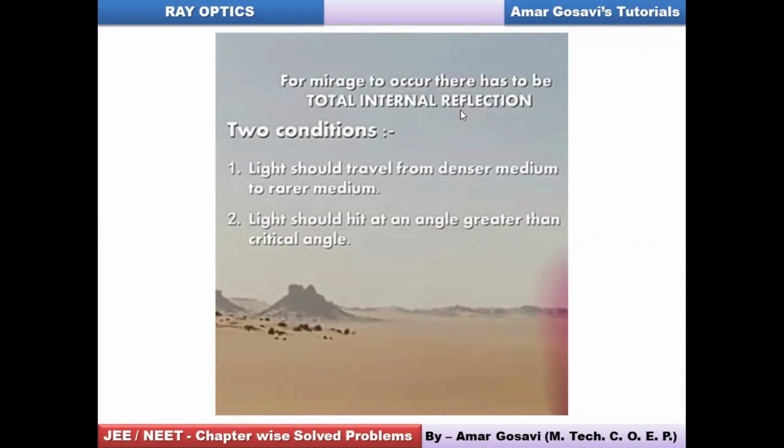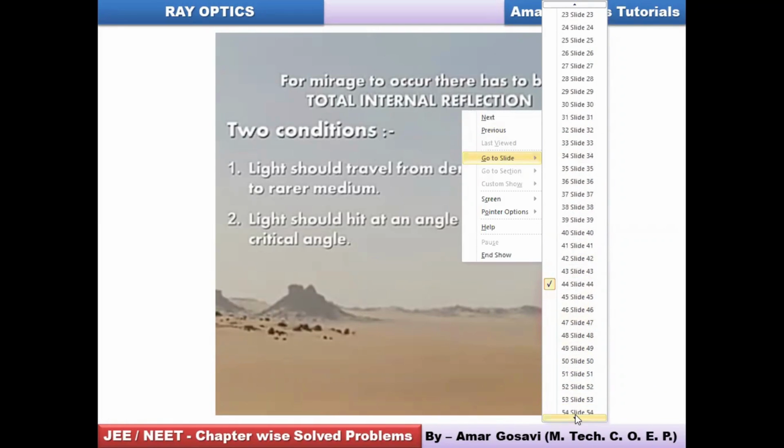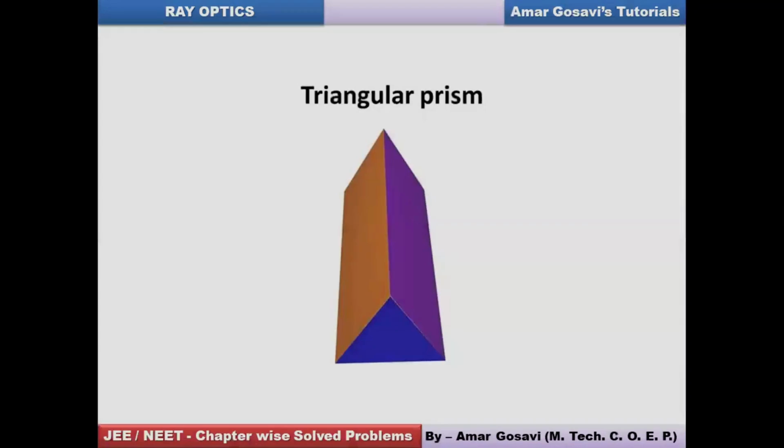All right, now there are certain applications which we can always talk about, so far as total internal reflection of light is concerned, where we would discuss another application in terms of prism binoculars.